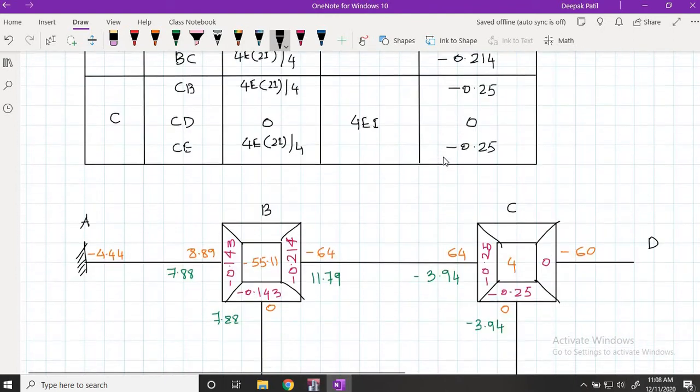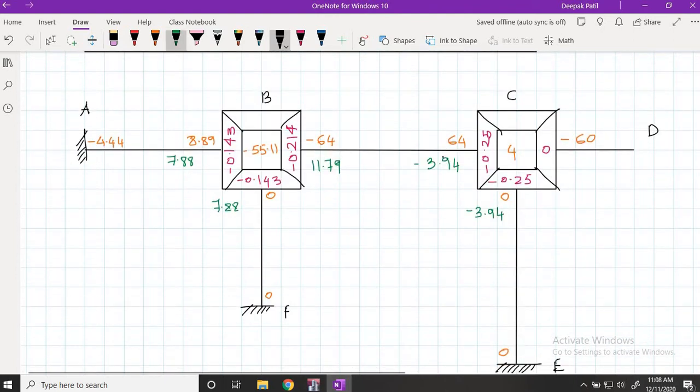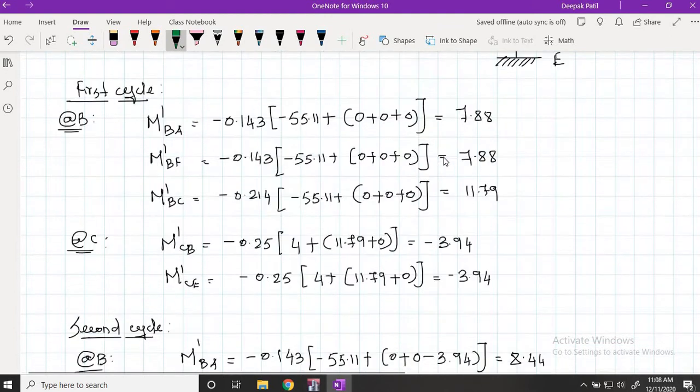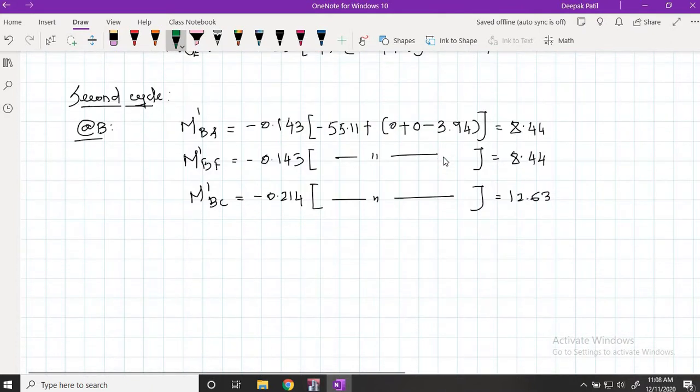Now let me update the values here, because that is very important. This will be 8.44, this also 8.44, and this will be 12.63. Now joint B is done in the second cycle. Let me move to joint C in the second cycle itself. Let me start with M dash CB, equal to minus 0.25.